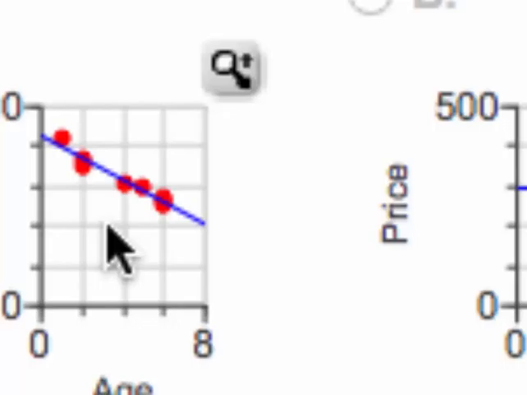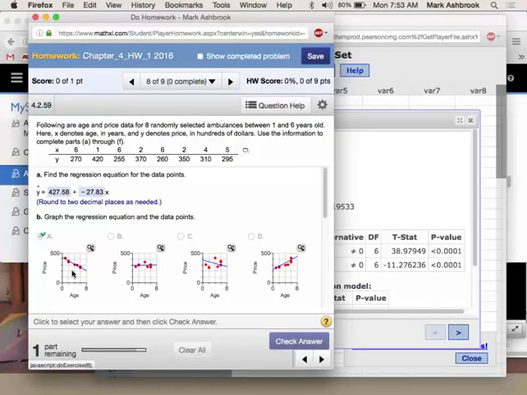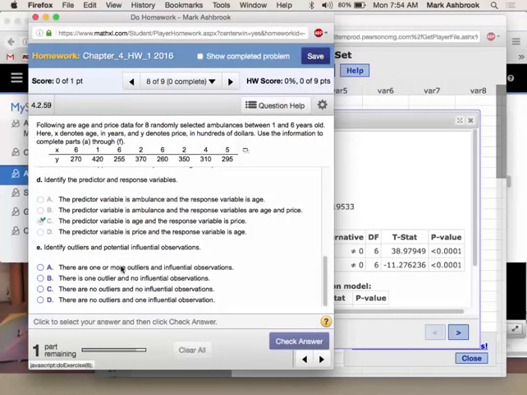Not really, right? And there's certainly no outliers, which would be ones that are like, okay, this is just a mistake in the data. Like it just doesn't belong. So to me, I'm thinking there's neither in this case. No outliers and no influential observations. That's what I think.